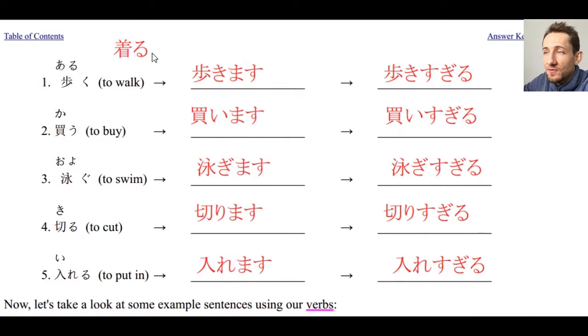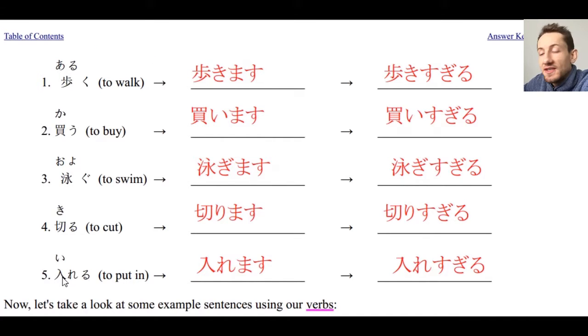This verb kiru, to wear, is a type 2 verb, but kiru, to cut, is a type 1 verb. It's very easy to confuse these two, but please be careful. So kiru, to cut, is type 1, and kiru, to wear, is type 2. Here you would say kirimasu and kirisugiru. Just keep that in mind.